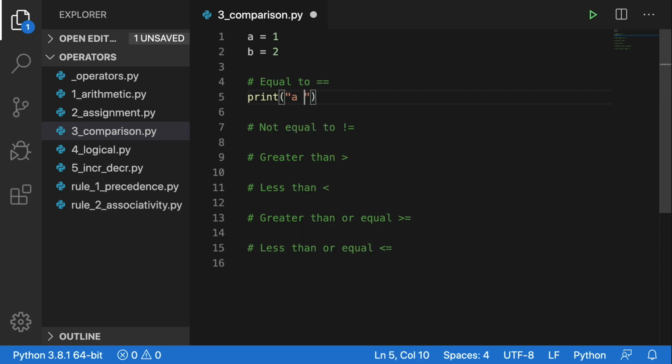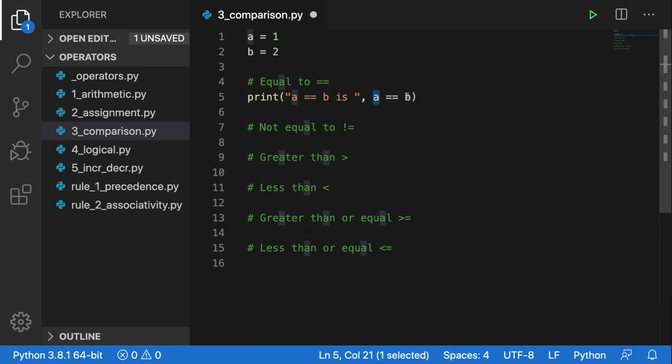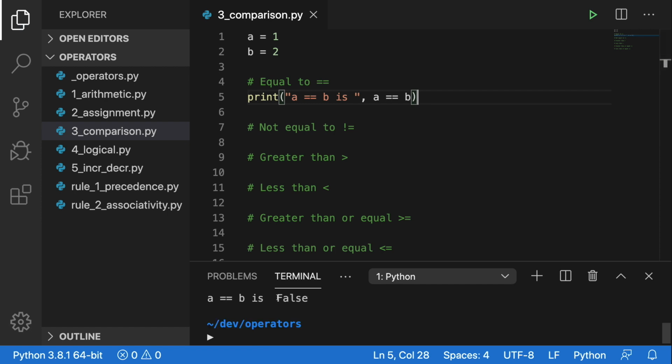So I'd like to check whether A is equal to B. So these are the operands, and this is the equal to operator. Check out the result. It's false, so these two are not equal to each other. And that's right.